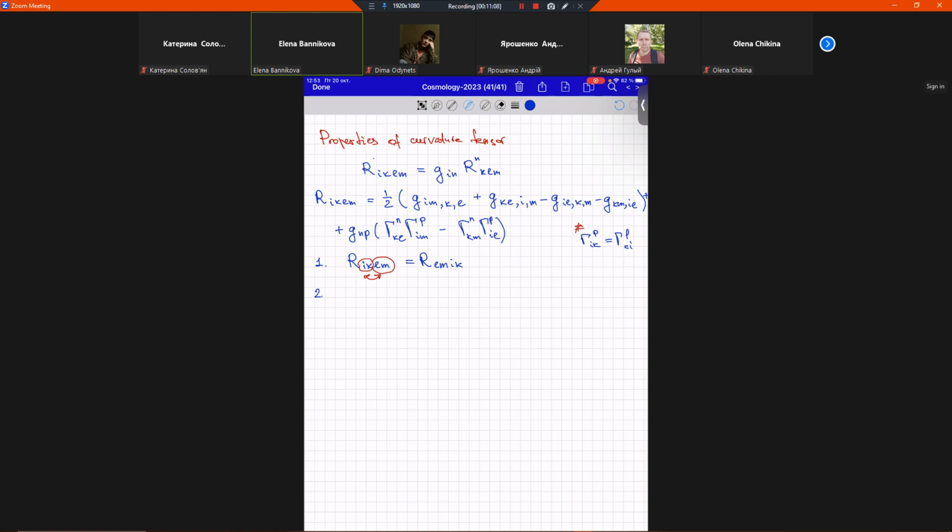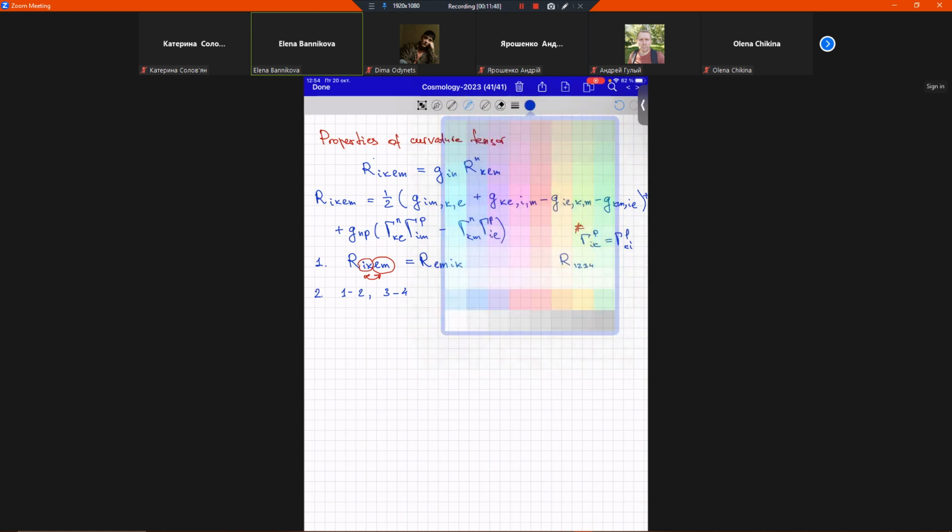I might say I can write R with indexes 1, 2, 3, 4, with respect to permutation of indexes 1 and 2, and 3, 4. Like this. So antisymmetric means that the sign in front of the tensor will be changed.